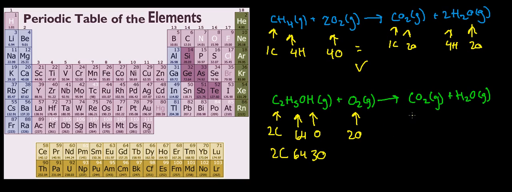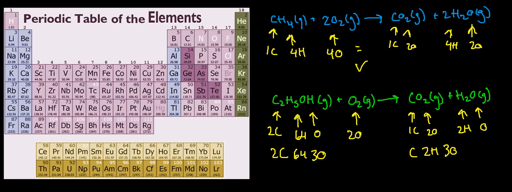Now on this side I have 1 carbon, 2 oxygens, 2 hydrogens, and 1 oxygen, for a total of 1 carbon, 2 hydrogens, and 3 oxygens. And here I can clearly see that mass has not been conserved. There is less mass on the product side than there is on the reactant side. So clearly this is not a balanced equation.